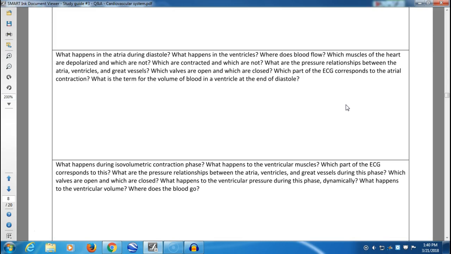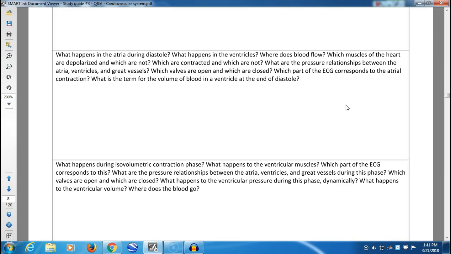What happens next? Which stage? Isovolumetric contraction. Isotonic contraction. Well, kind of is. You know, muscle kind of shortens. So isovolumetric contraction. What happens to the volume of blood in the ventricle?